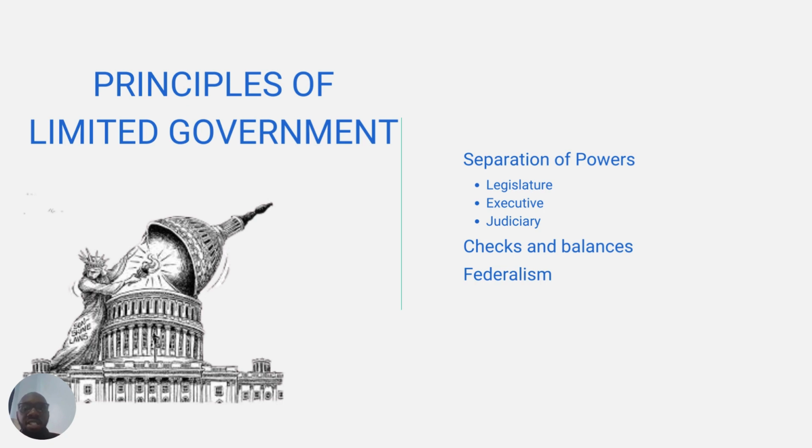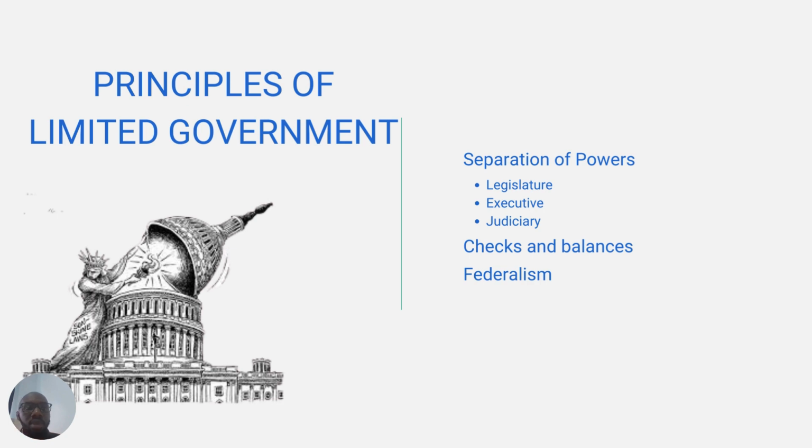We all know that the legislature are the lawmakers, the executive is generally responsible for executing the laws, and the judiciary is generally about the courts, each of which, the three, provide a check on the powers of each other. And there's also a vertical separation of powers, also known as federalism, which is also part of the principles of limited government, that divided power between a federal government and the state government.